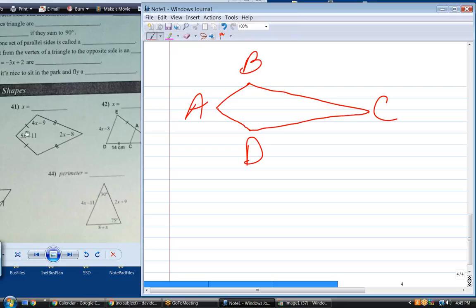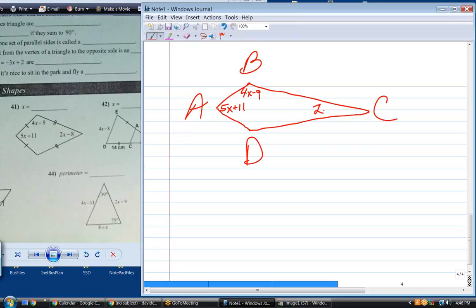However, in this picture that they've drawn, that's 4x minus 9. And I find it unusual that they didn't put degrees there, because usually they do. In other words, that's one of the clues for determining whether they're talking about side lengths or angles.